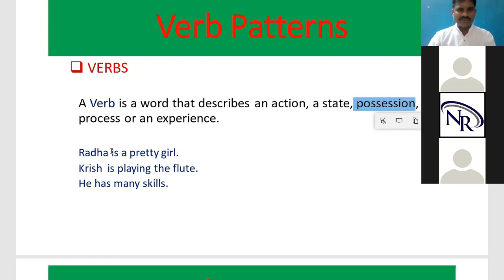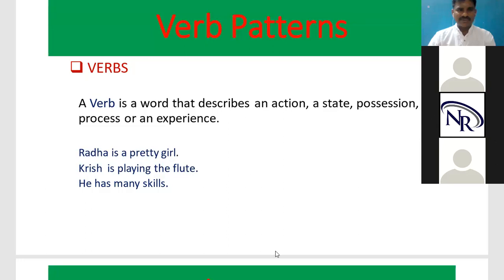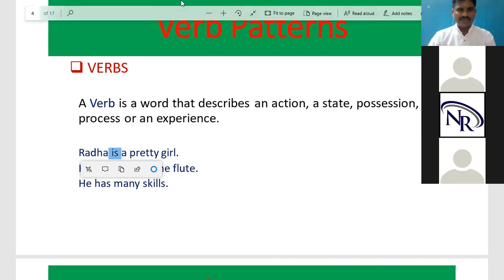Okay, so say some examples. First, state of being. One of you say an example. For example, Radha is a pretty girl, is is a verb, state of being. Say some examples, one of you.